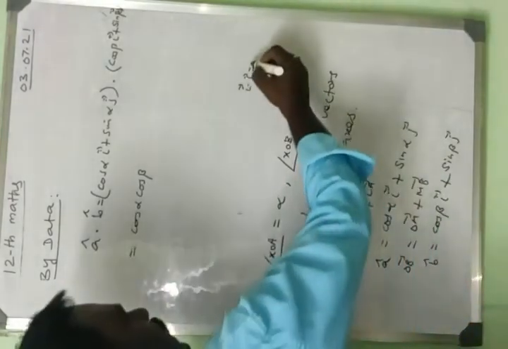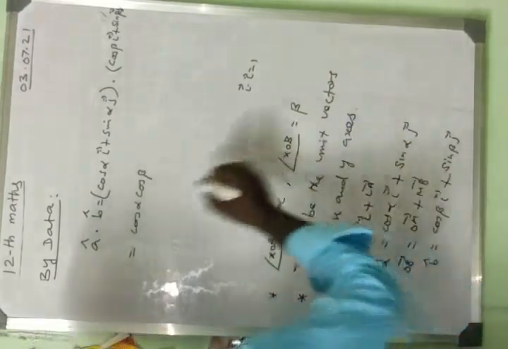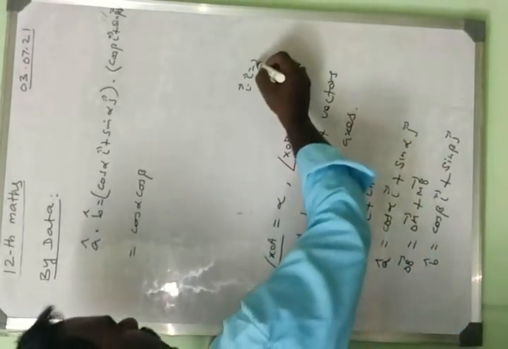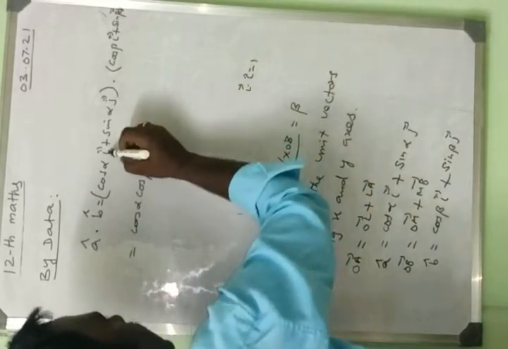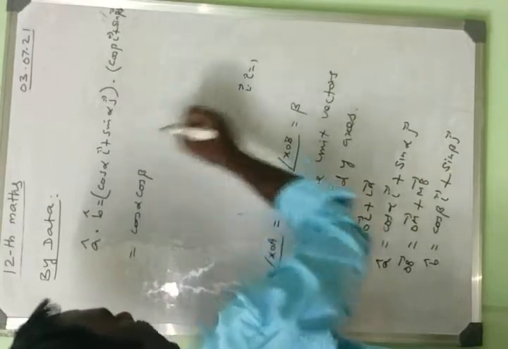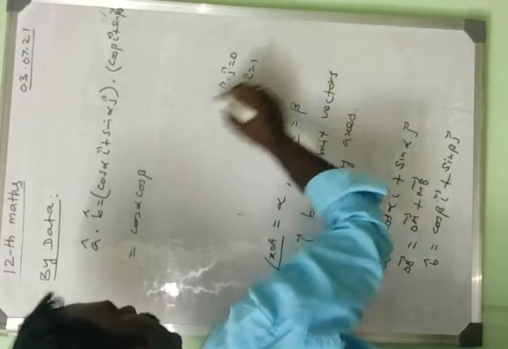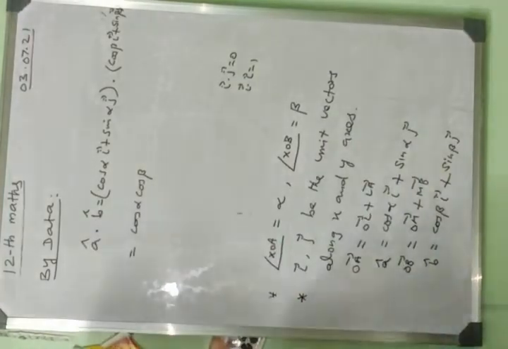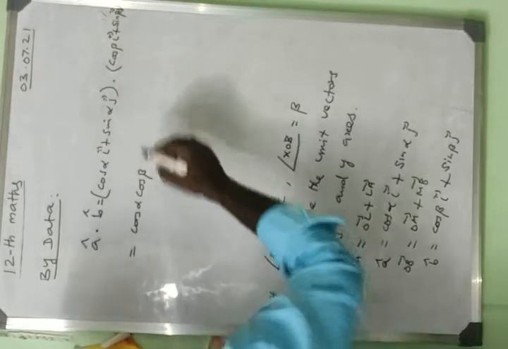Vector i dot vector i, we get 1. Next, this term multiplied means vector i cos beta, sin beta vector i dot vector j, we get 0, so that term is zero and no need to consider it. Only the corresponding terms multiply.